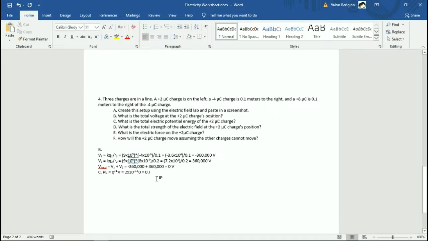What is the total strength of the electric field at the plus 2 microcoulomb charge position? Okay, so now we care about the strength of the electric field, though. So this is going to be a bit different. Same setup, though, as the voltage one. It's just now over R squared.